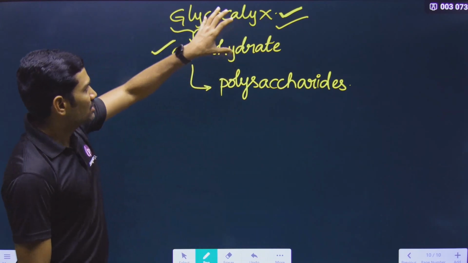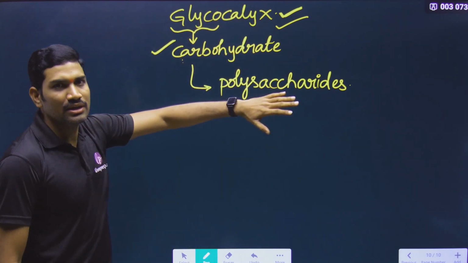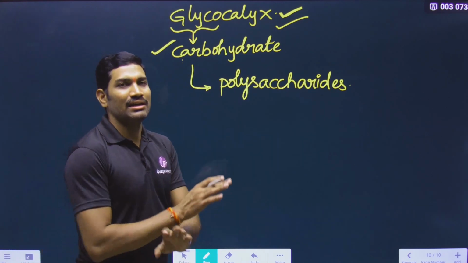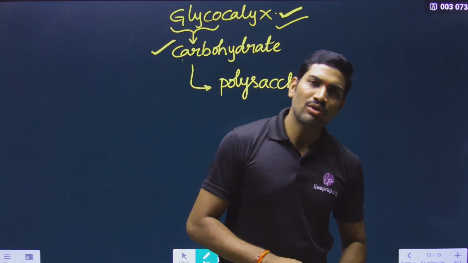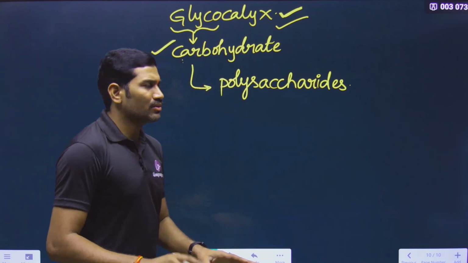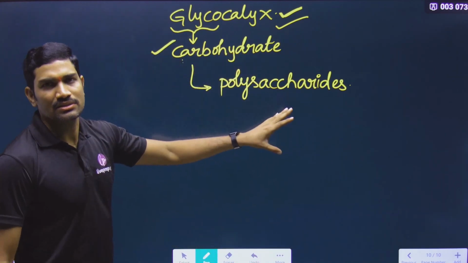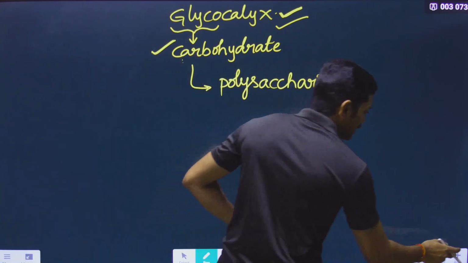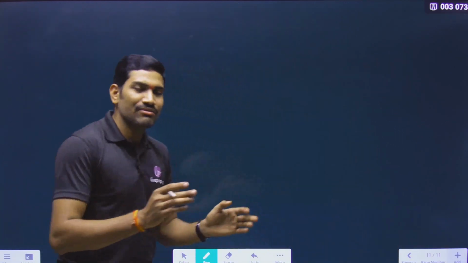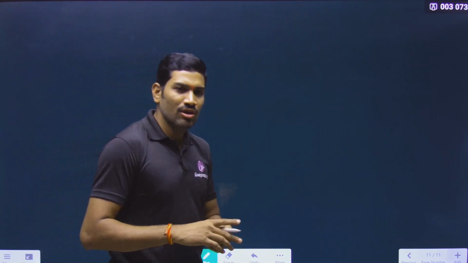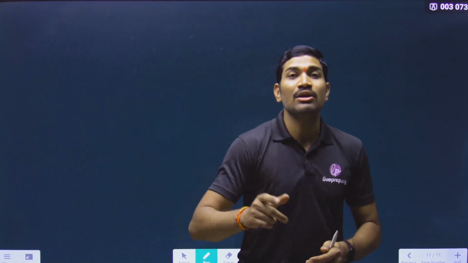Understood or not? So this glycocalyx is having carbohydrates. In those carbohydrates also, mainly it is having different types of polysaccharides. Names are not needed. And not only this, some other small amounts of proteins and some other things are also there. Okay. So this is about the composition, and the layer name itself is glycocalyx. That means it is rich in. Whenever you are using the phrase rich in, what does it mean? More of these are present.